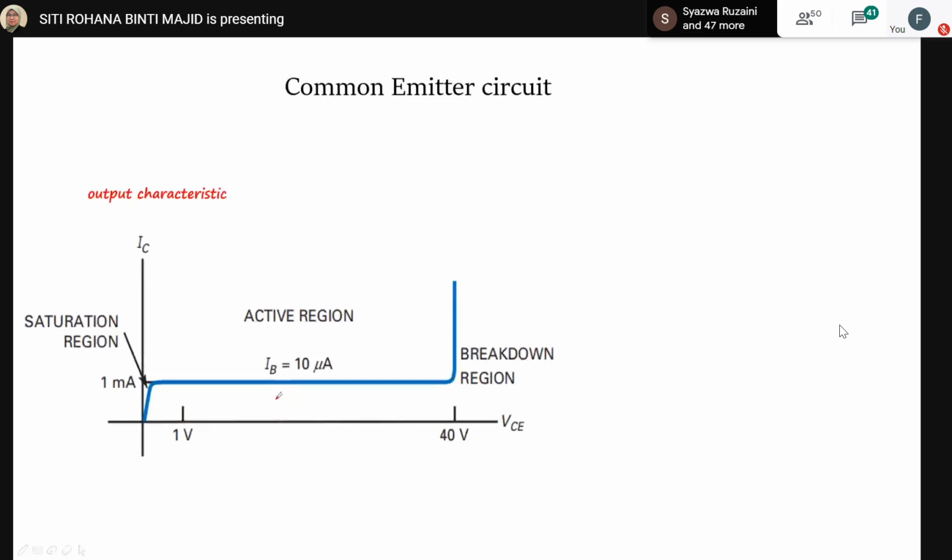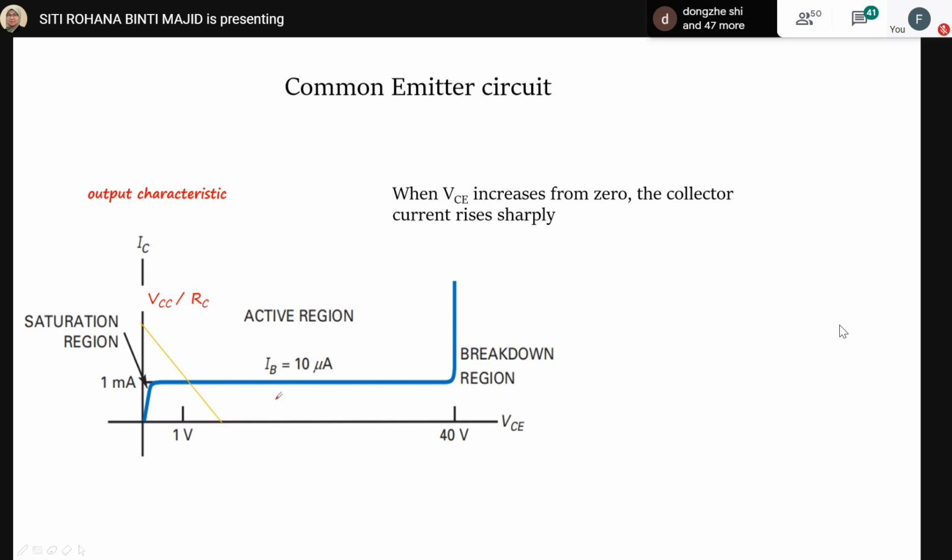y equals mx plus c, and the c term is VCC over RC, which we can mark on the y-axis for the output characteristic curve. The output characteristic curve is for the loop of CE, collector and emitter.